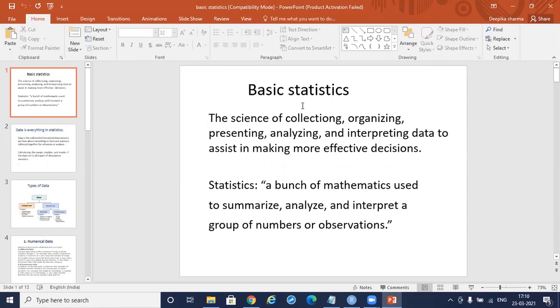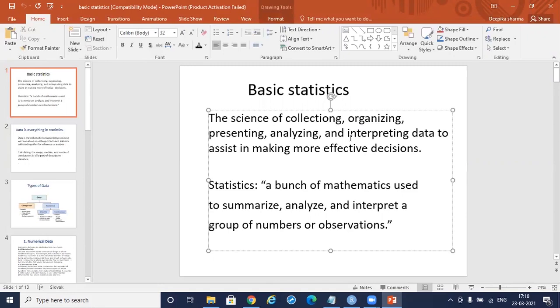As per the definition given here, statistics is basically the science of collecting, organizing, presenting, analyzing, and interpreting data to assist in making more effective decisions.